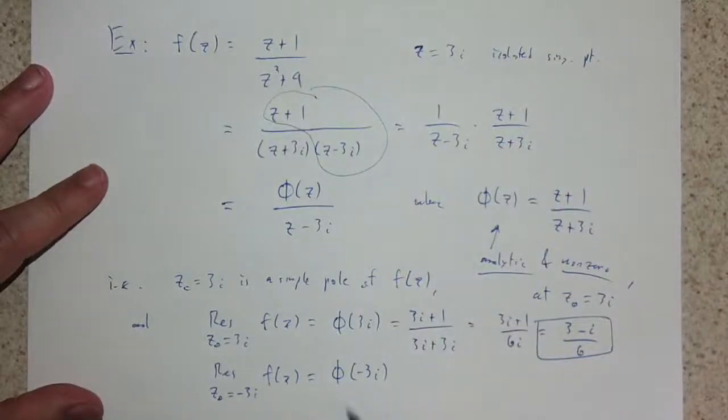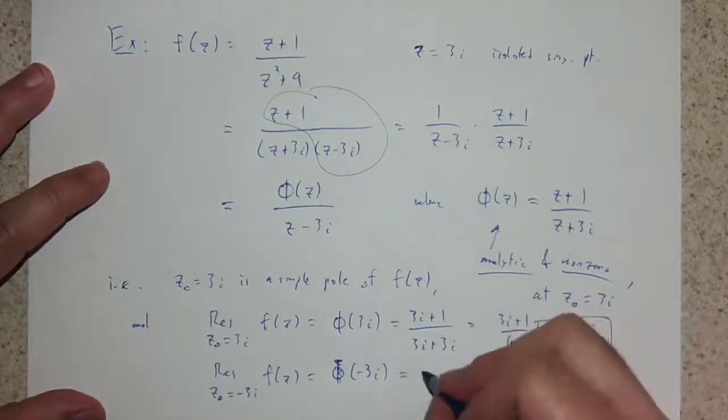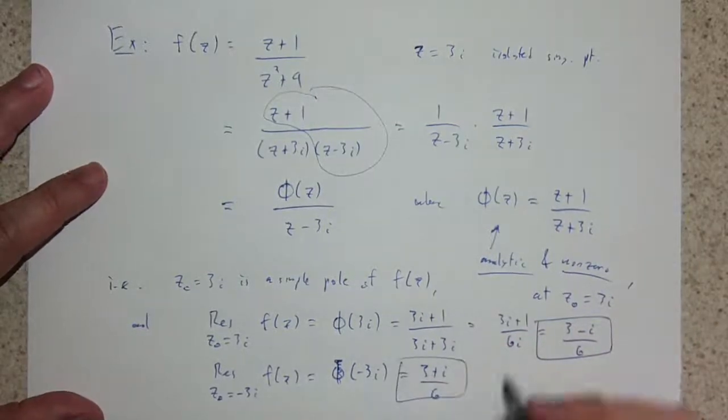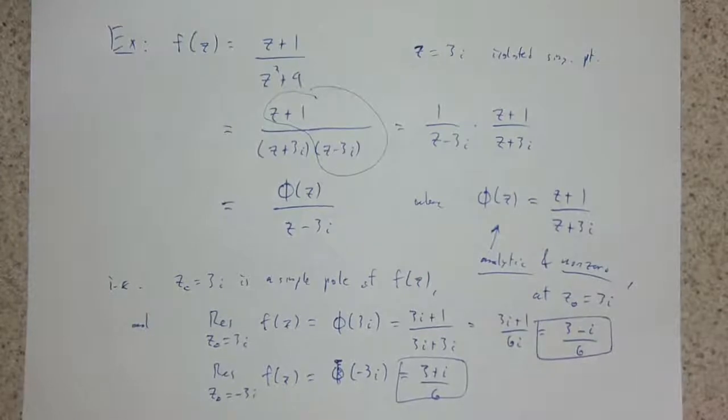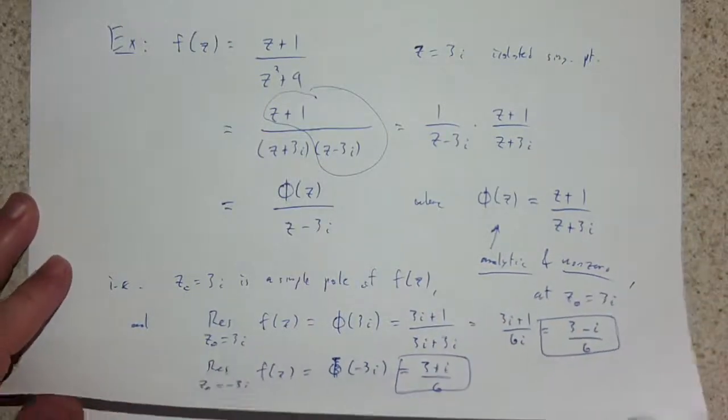So this phi is different, maybe I'll write squiggle phi here. So 3 plus i over 6 is the residue. So this gives us a quick way of computing the residue. We didn't even need to do any more computation with Laurent series expansions. You don't have to expand anything or do too many algebra tricks.